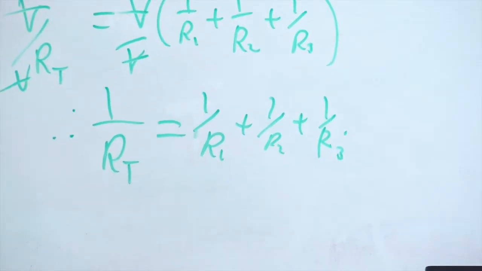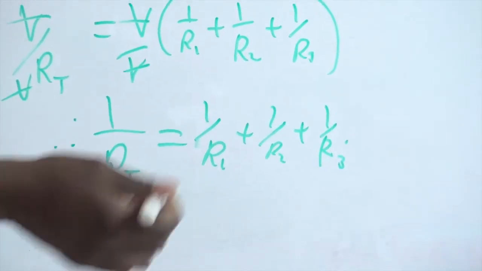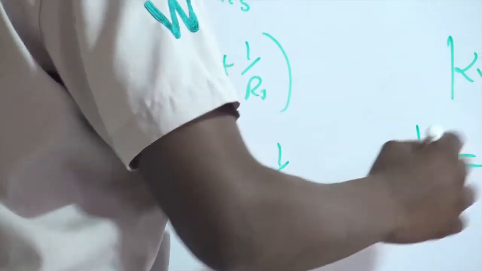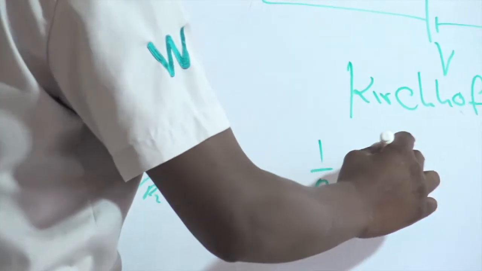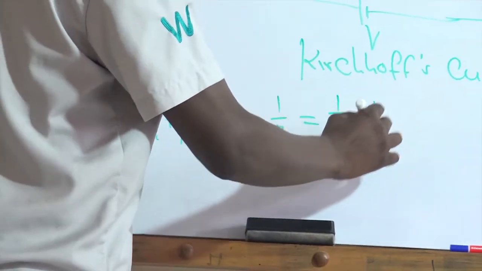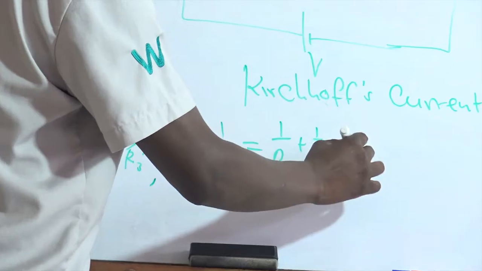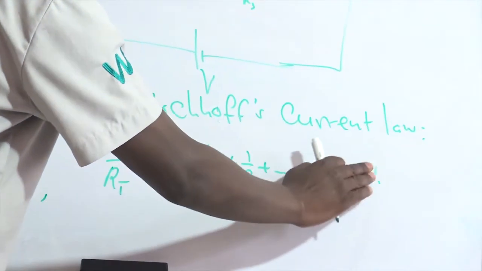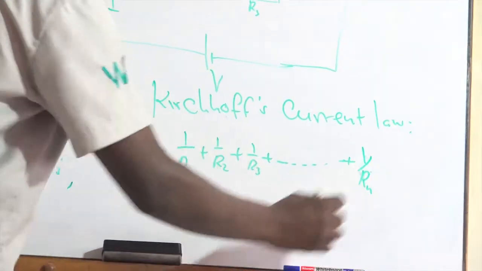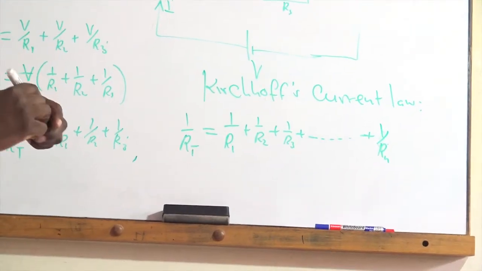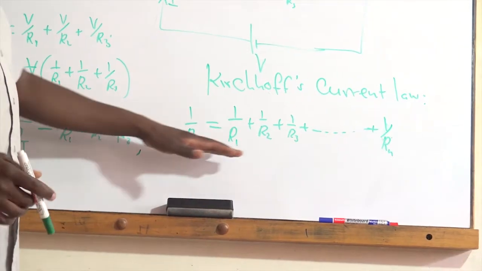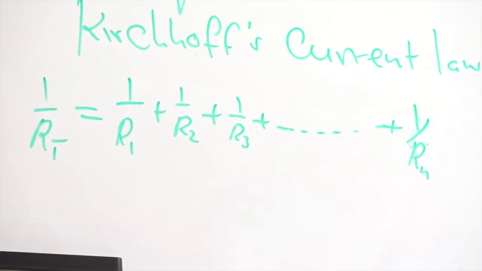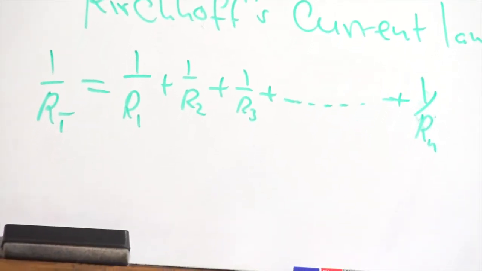But if you have more than 3 resistors, we can modify this formula to this so that it can ease your workings when you have more than 3 resistors. If you have a number of resistors which is more than 3, 10, 20, you use this formula. But for the final result you get, you have to take the reciprocal so that you can have the real value.